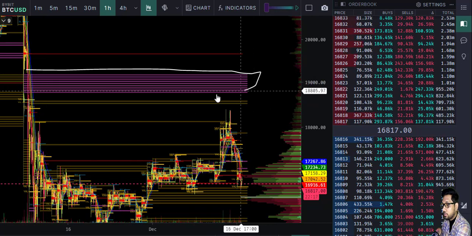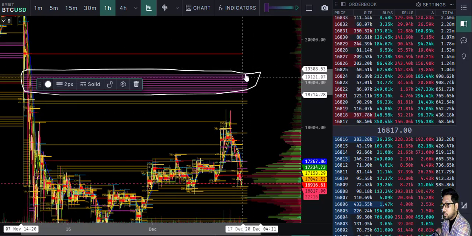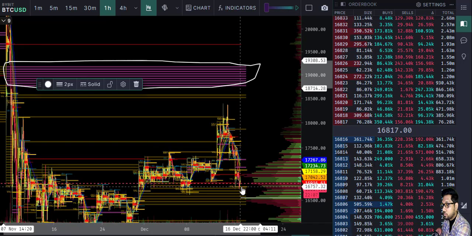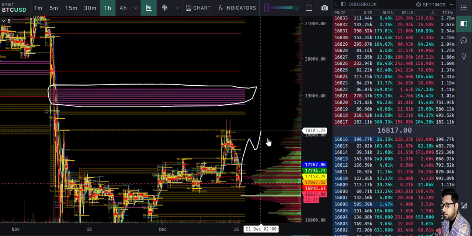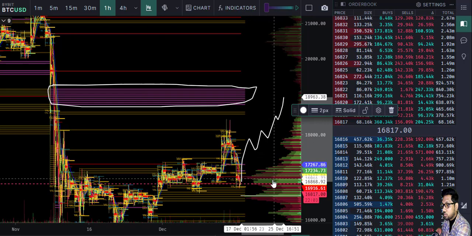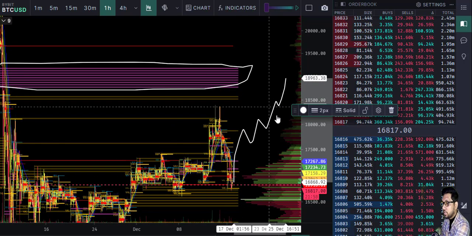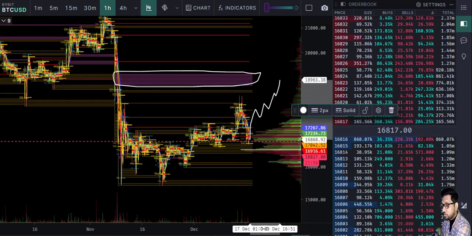You see that? This is the 19,200 to 300 zone. If we see a bounce and good market structure, then we can hit our target.